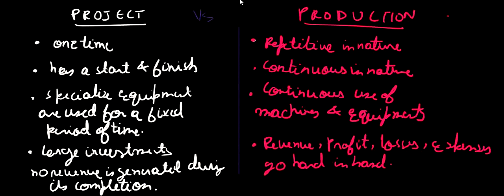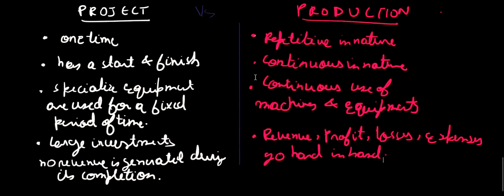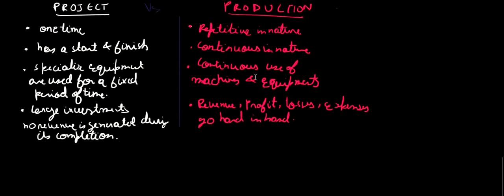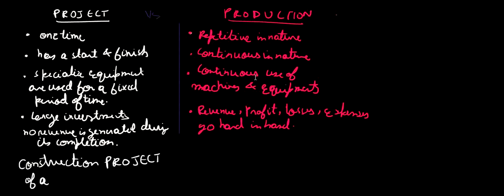Now let's see some examples so that the difference becomes clearer. For example, there can be a construction project of a national highway. It can be referred to as a project because it has all the characteristics.